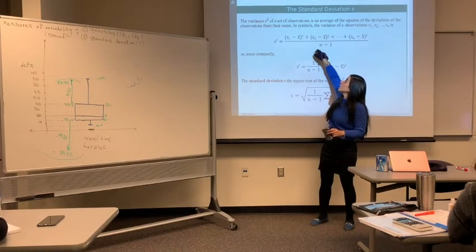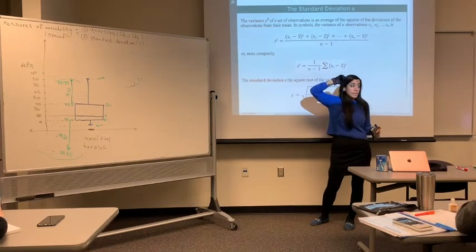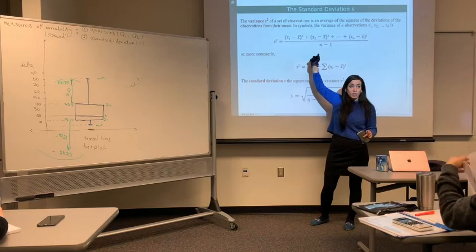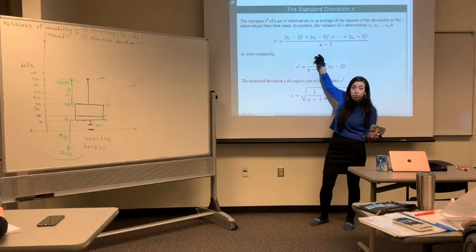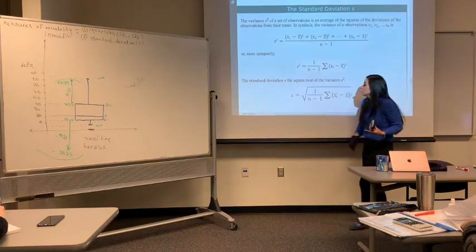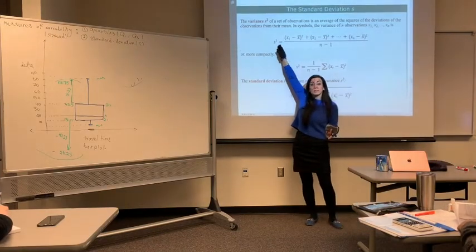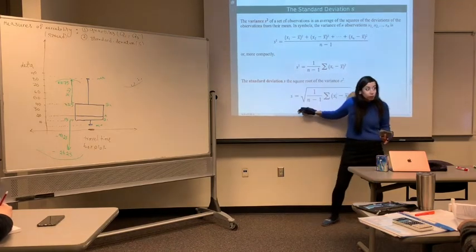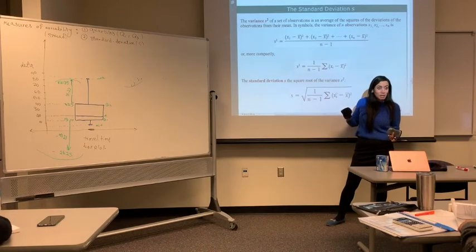And then here in the denominator we have n minus 1. For the mean we had just n, correct? Here we have n minus 1. It means if we have 14 observations, the denominator is 13, correct? And because this one is variance and we want a standard deviation, we are using a square root, correct?